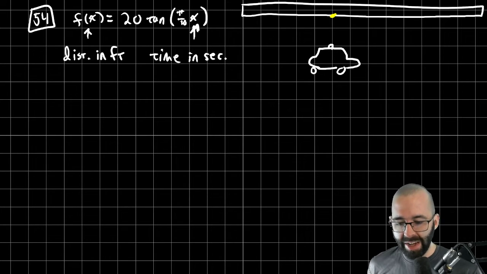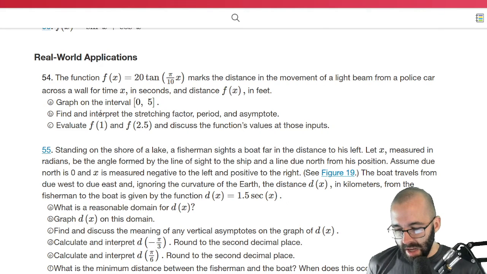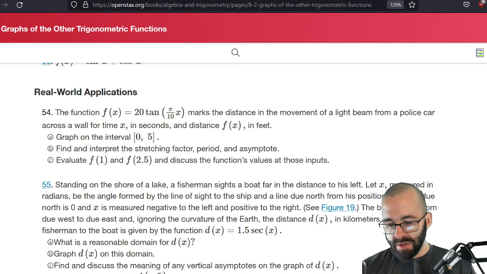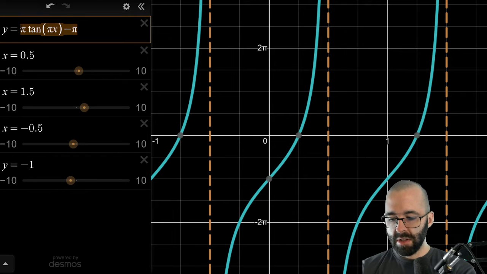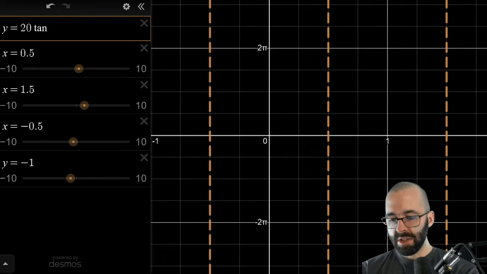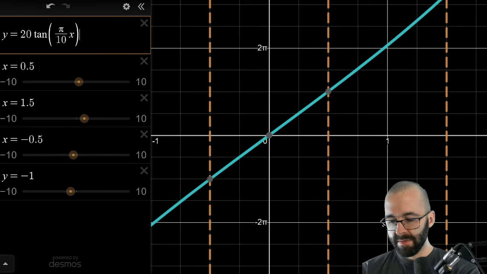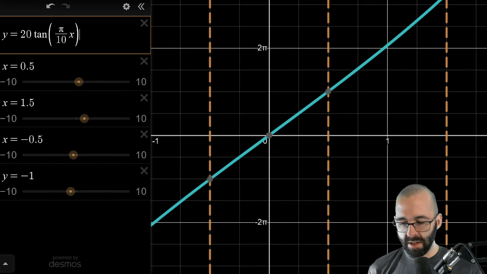All right, let's see what we have here. So this is our function. Part A, graph on the interval 0 to 5. Okay, so let's go to Desmos and graph this function. Function is 20 times tangent of pi over 10 times x. I think that was the function. It is, good.